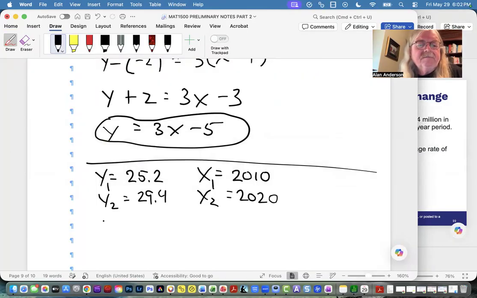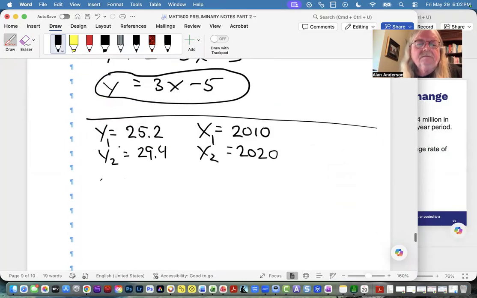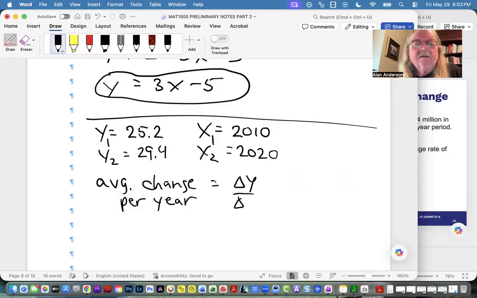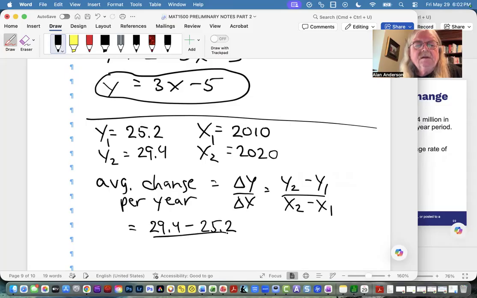So the change of the population per year is delta y over delta x. 29.4 minus 25.2 over, and of course, this is a 10-year interval.